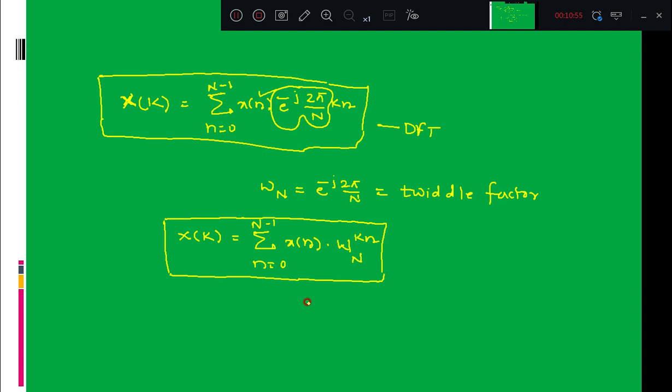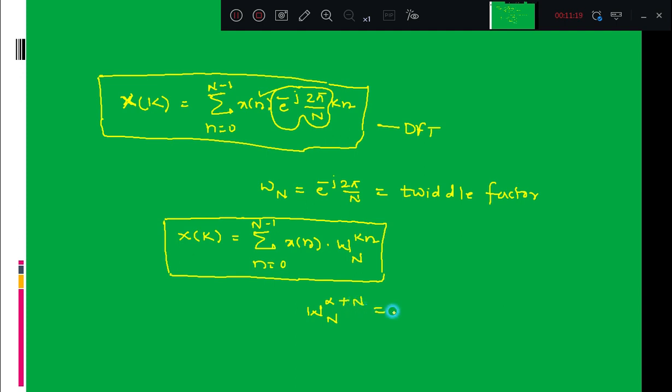So now let us understand what is the periodic property of this twiddle factor, right? So what is the periodicity of this twiddle factor? How can I say it is periodic over period N? So W_N is a twiddle factor. Let me consider W_N raised to α+N, right?